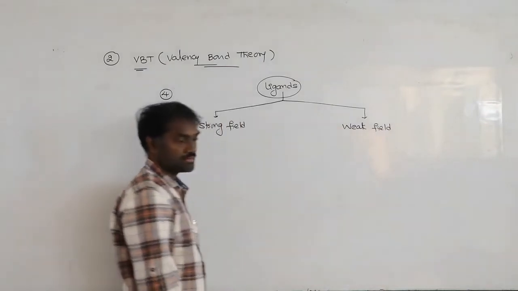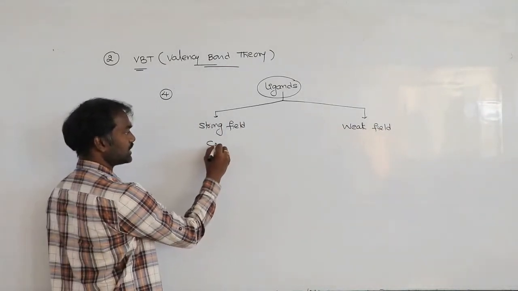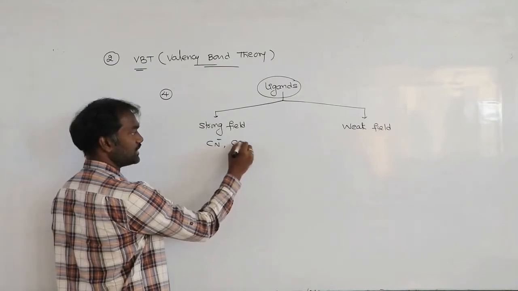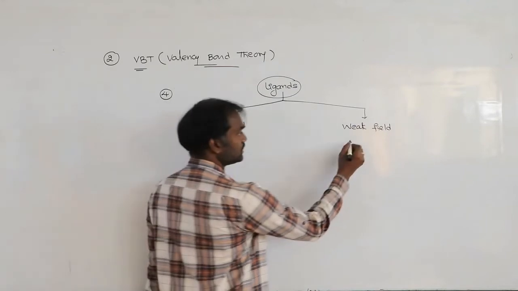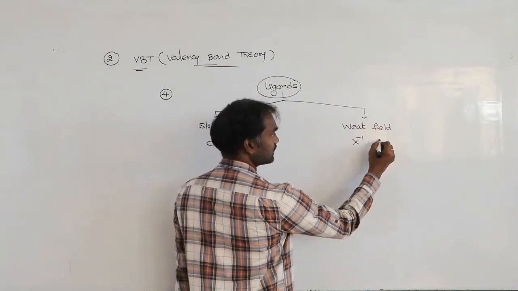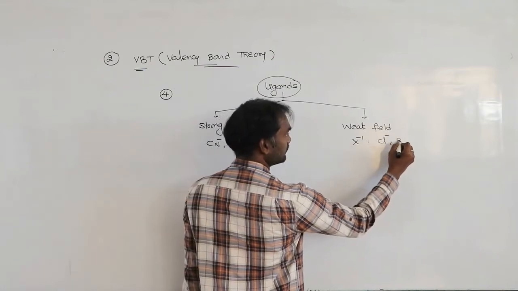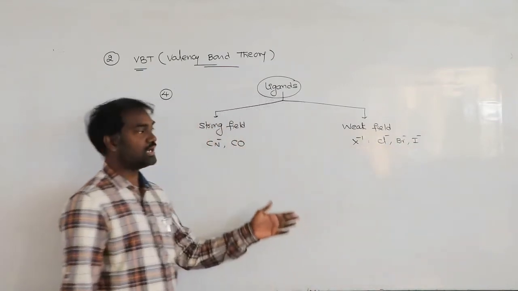Cyanide is strong field, carbon monoxide is also strong field. Weak field ligands are the halides: Cl minus, Br minus, I minus, F minus.